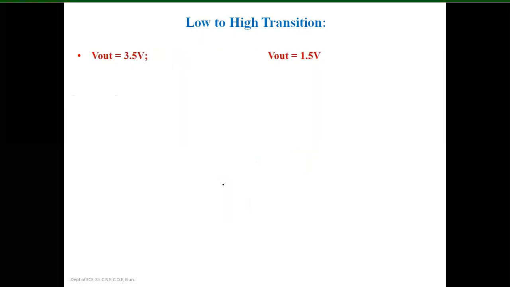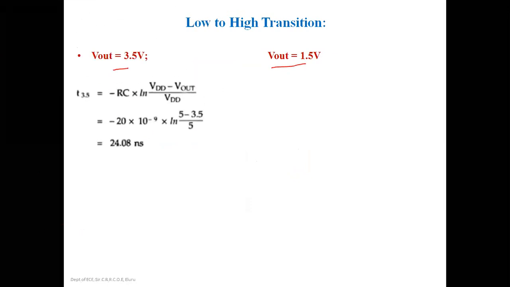Again we take the two conditions, V out at 3.5 and V out at 1.5. By rearranging the above equation and simplifying, you get 24 nanoseconds at 3.5 volts. For 3.5 volts of output, the time response is 24 nanoseconds.